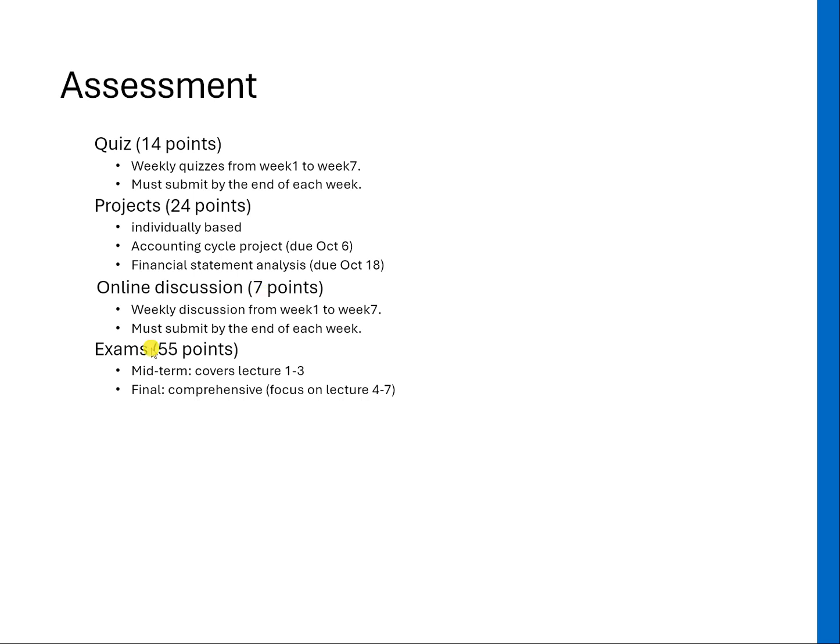And finally, we have 2 exams. The midterm is about 25 points, and the final is comprehensive, but we're going to focus on the later chapters. That's 30 points in total.